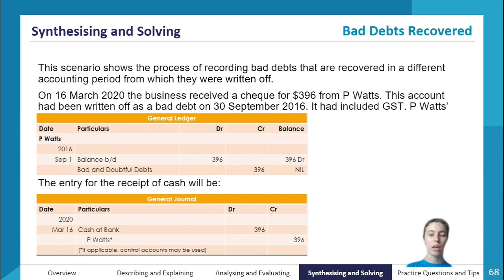So the situation here is they have already written it off, so it was already nil, and the entry for the receipt of cash would be reducing that accounts receivable.